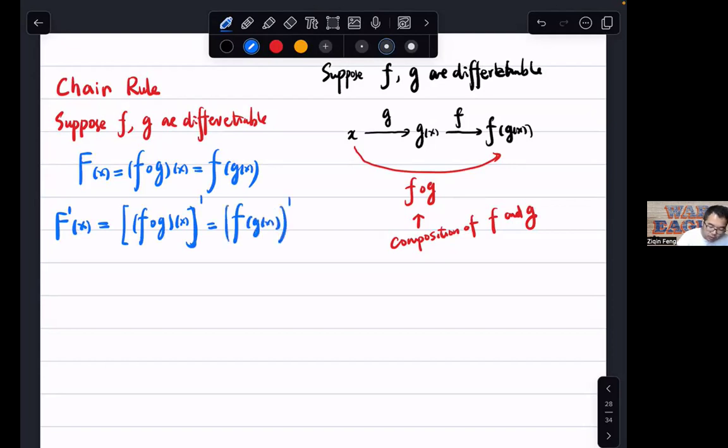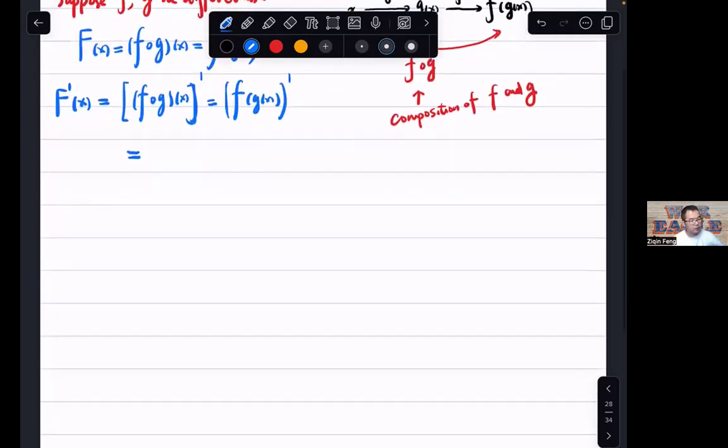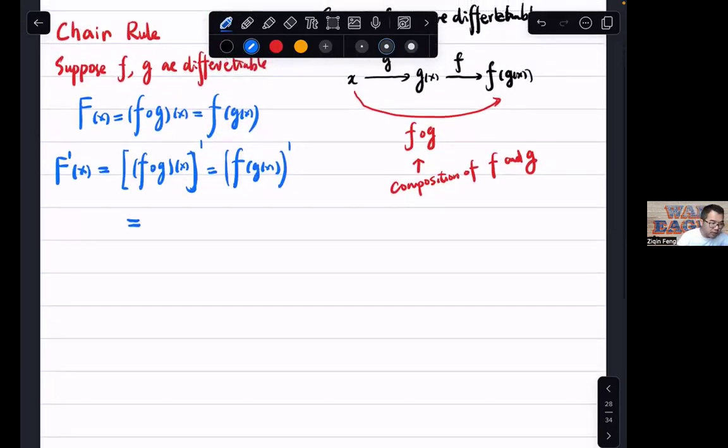Now we want to know what the formula for that is. Let's try to derive it using our definition of the derivative. Remember that we don't have any other way to evaluate the derivative of the composition of two functions, so we can only start from our definition.